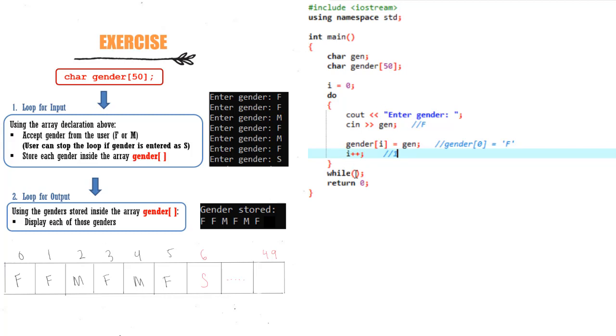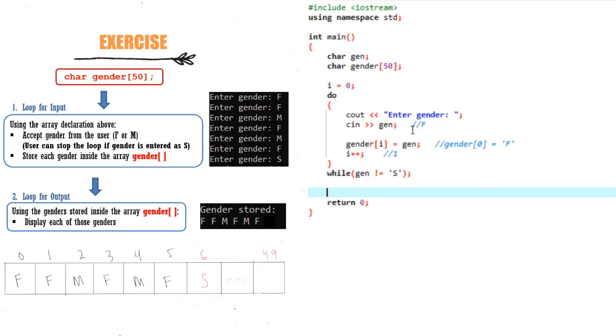The while condition here is: if gen is not equals to S, meaning that any data entered by the user that is not S, the looping will continue. But if the user enters S, it will stop. So basically this is how we store data using a sentinel loop inside an array.